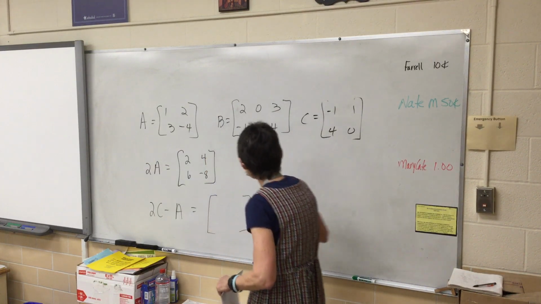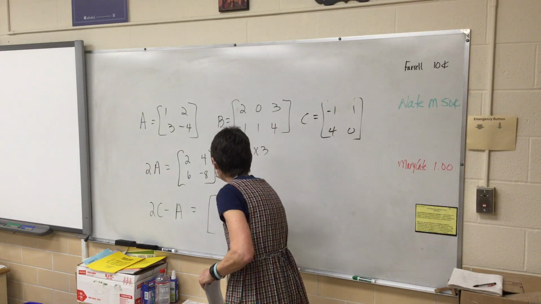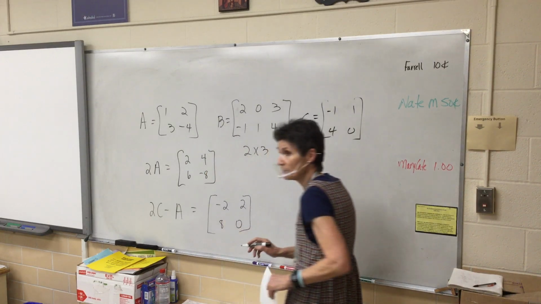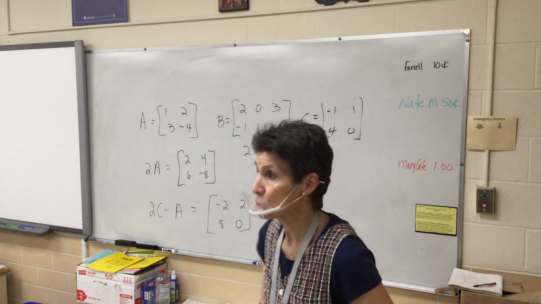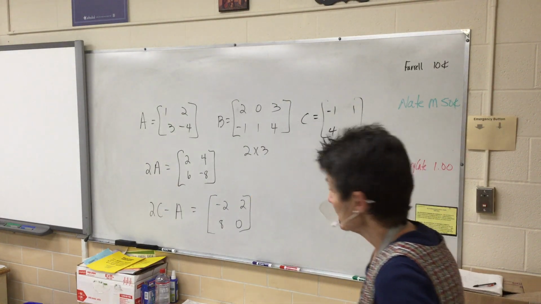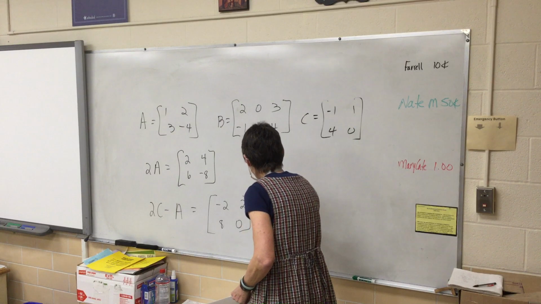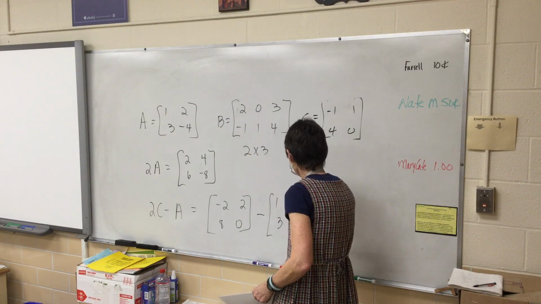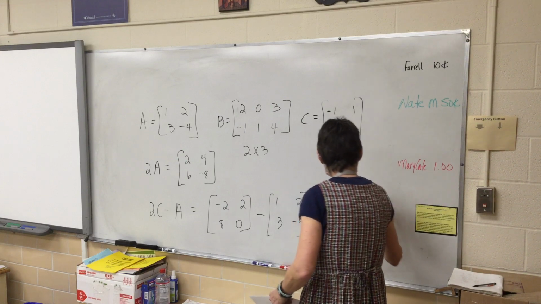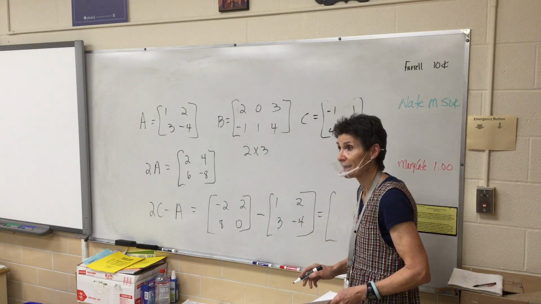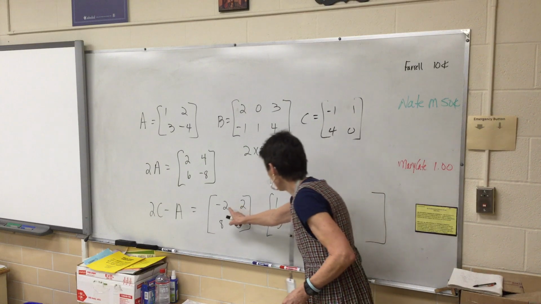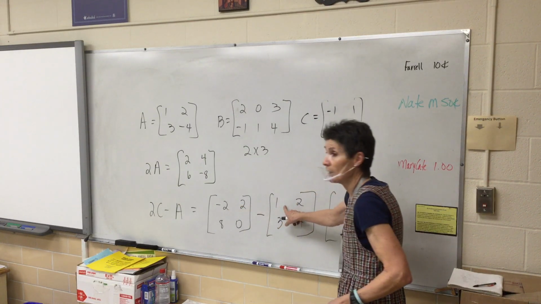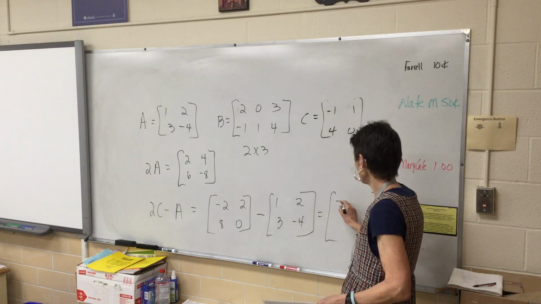So 2C is going to be -22, 80. Does that make sense to everybody? That's 2C. And now I'm going to subtract A. We're going to do this just like you did the addition, only this time you're subtracting. -1. So -2, oh, be careful, -2 minus 1, that's -3.